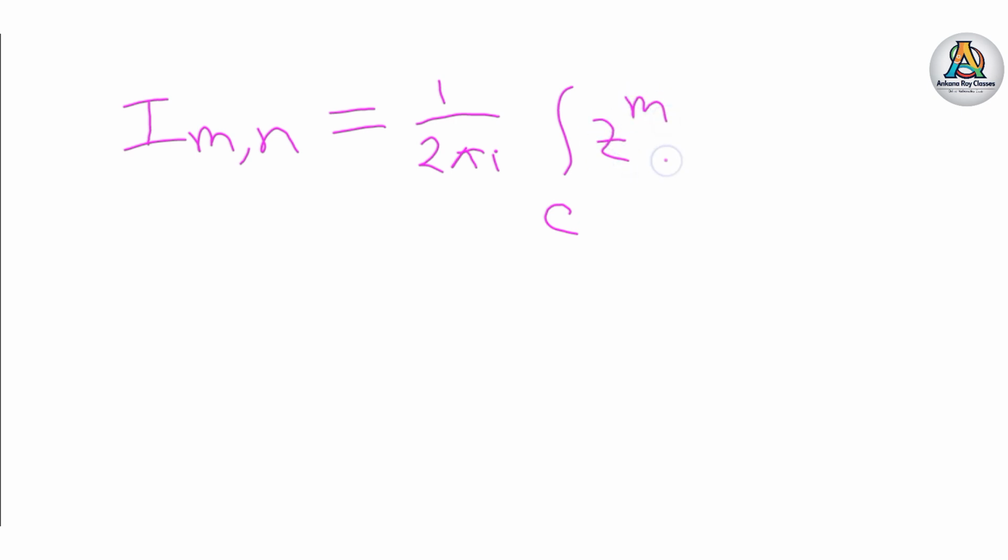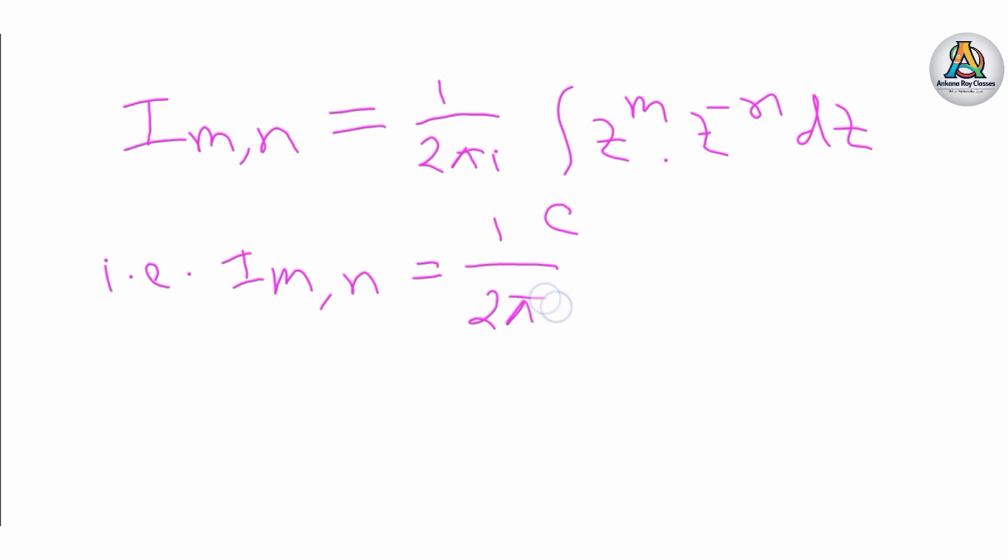Therefore, I_mn is equal to 1 by 2 pi i integration over C z to the power m into z to the power minus n dz. That is, I_mn is equal to 1 by 2 pi i integration over C z to the power m minus n dz.